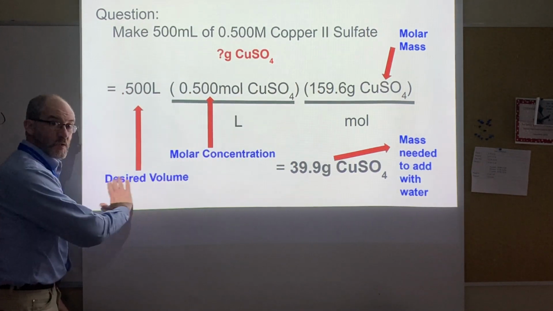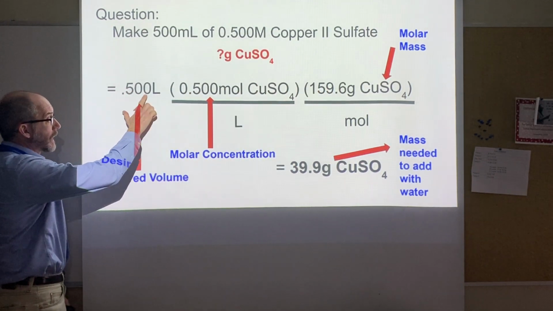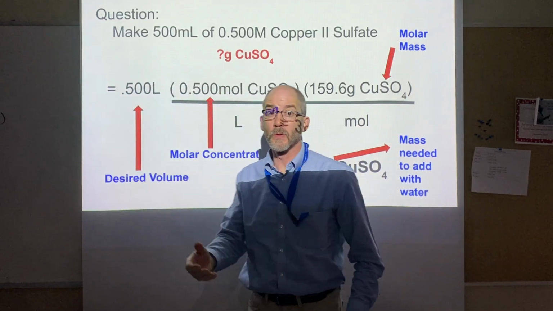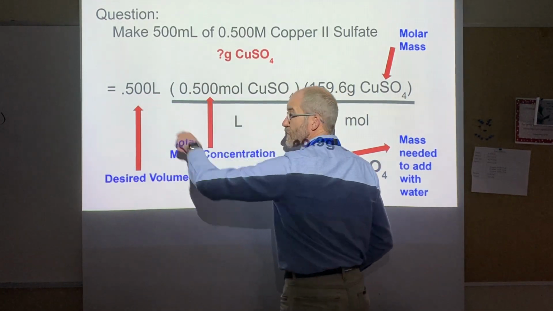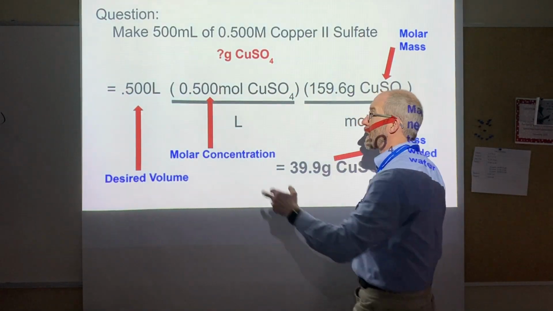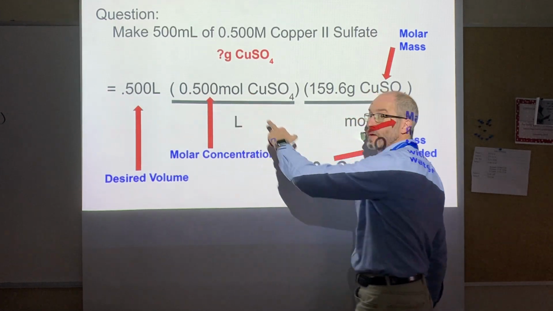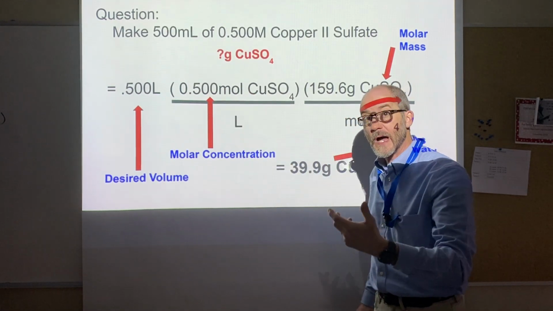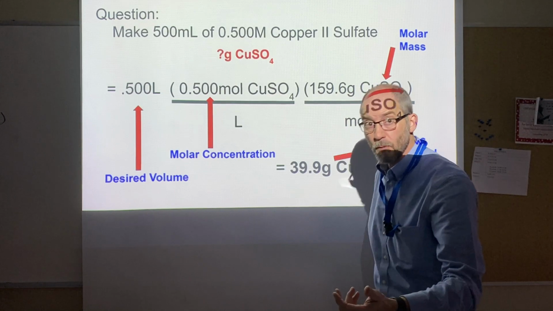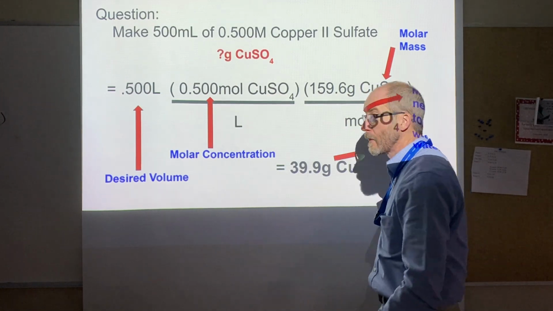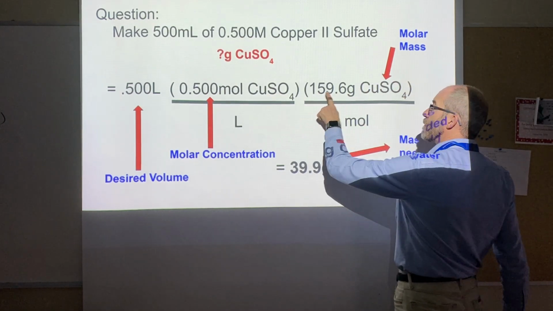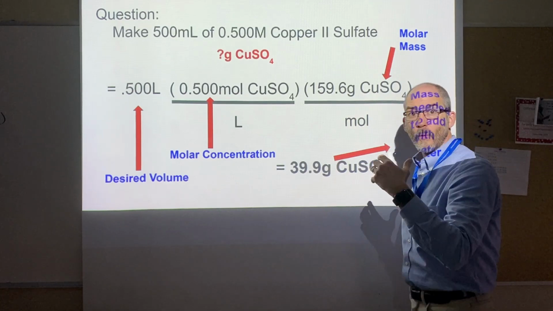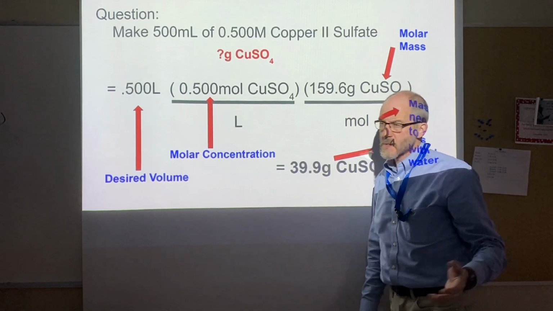We simply take our desired volume, which is 0.5 liters. Remember, 500 milliliters, 0.5 liters. We're going to multiply that by our desired concentration, our desired molarity. Remember, molarity is moles per volume. And we're going to multiply that by our molar mass. Why? Well, follow the units.